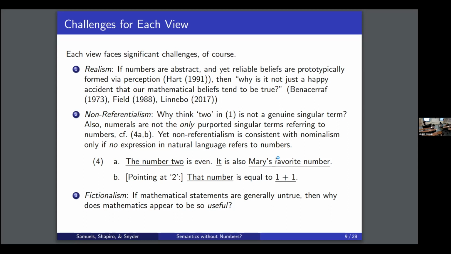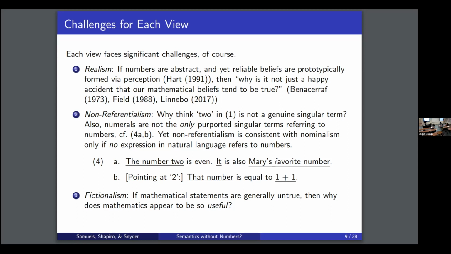If that's an anaphoric pronoun, it refers back to something, what is that thing? Presumably a number. "Mary's favorite number," again, genitive constructions you might consider to be singular terms. Many have argued that. "That number," this demonstrative phrase, is sort of a prototypical singular term.